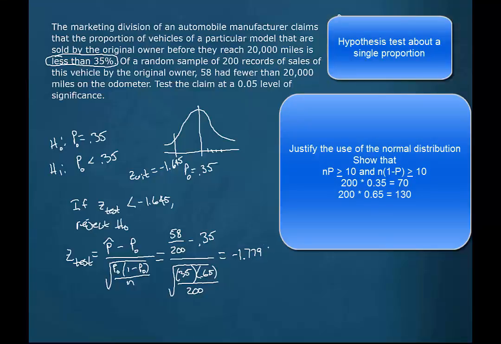Now, what happened here? That value is less than minus 1.645. It's down here in the rejection region. So what are we going to do? We're going to reject the null hypothesis. And we would say something like sufficient evidence was gathered at the 0.05 level of significance to support the claim that the population proportion is less than 35%.